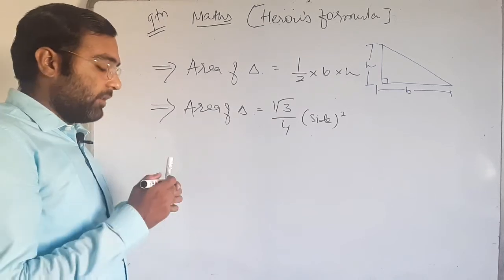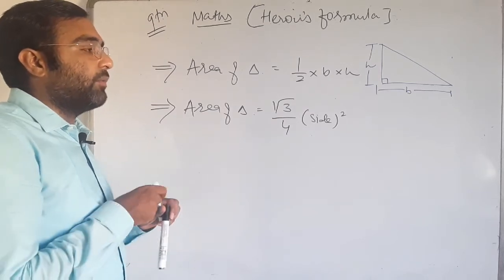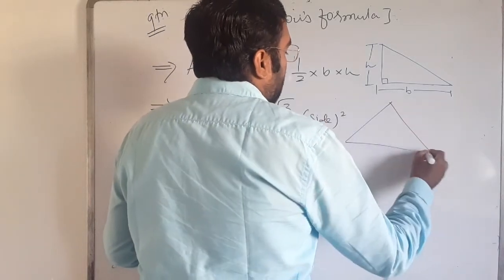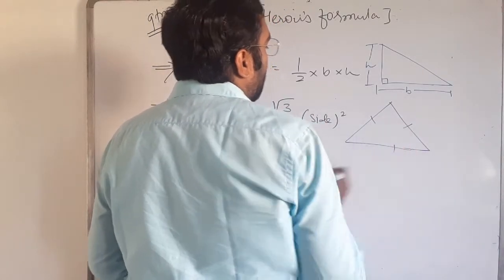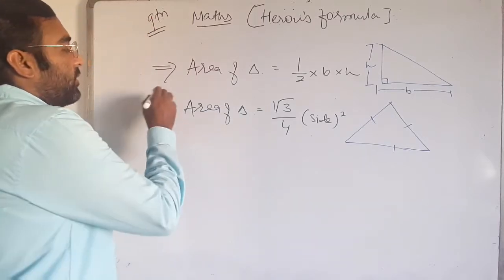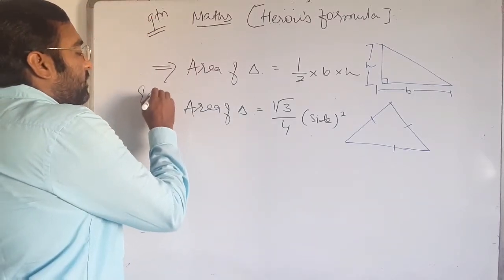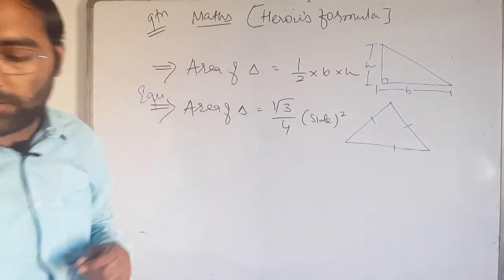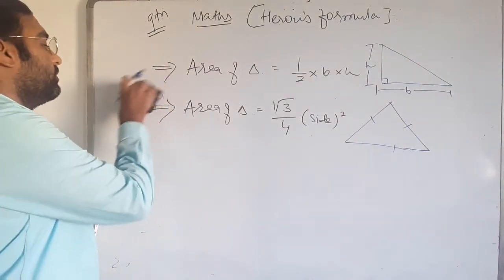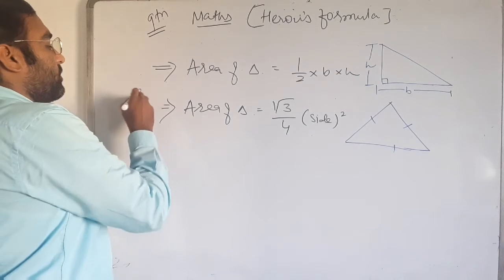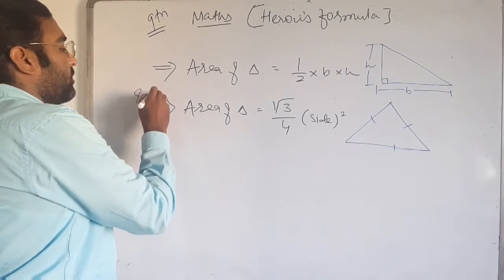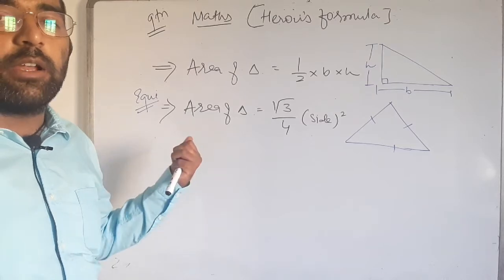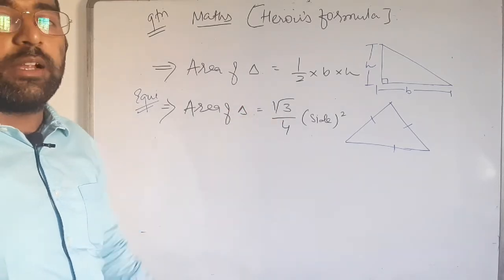We have to take this area for the equilateral triangle, where all 3 sides are equal. For the equilateral triangle we take the area as root 3 by 4 side square.